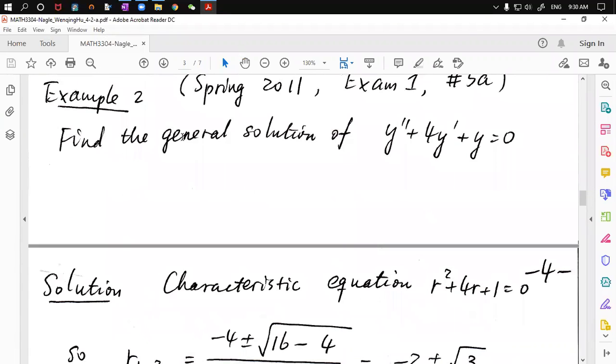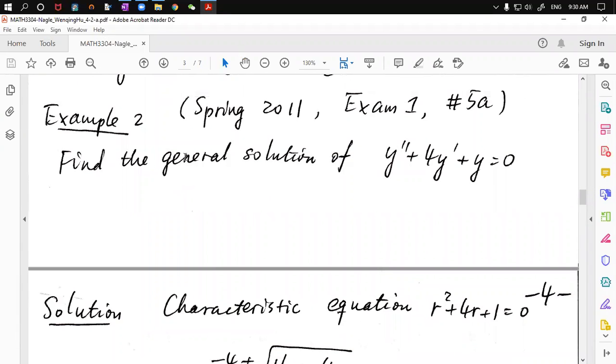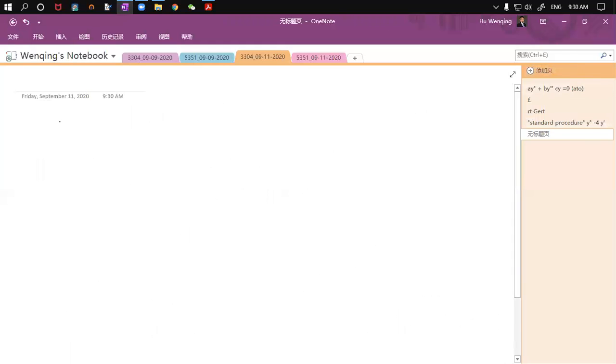Here there's a much simpler problem. It says, can you find a general solution of y double prime plus 4y prime plus y is equal to 0? How are you going to solve it? This is very simple. You set r squared plus 4r plus 1 is equal to 0.